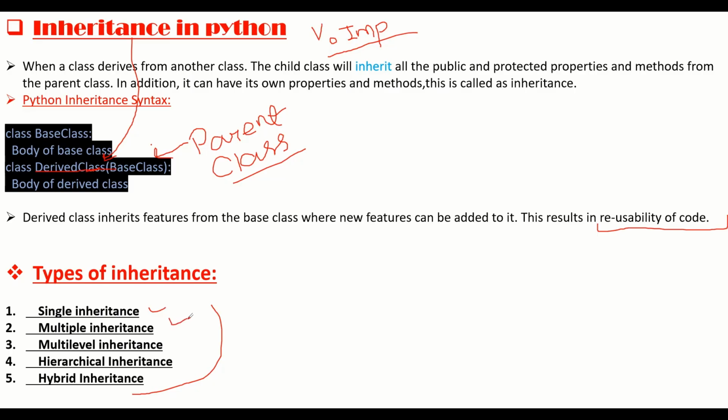The first type is single, multiple, multi-level, hierarchical, and hybrid inheritance. So now move to the next topic.